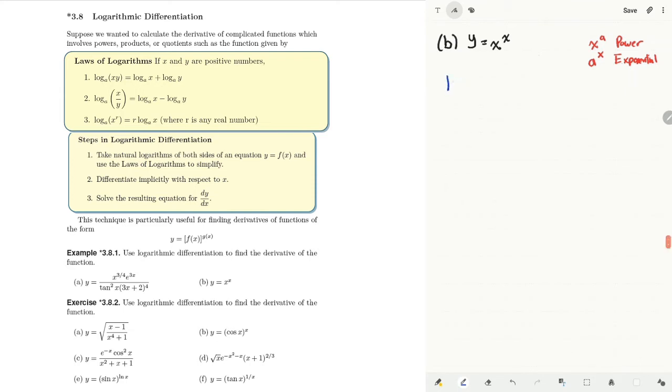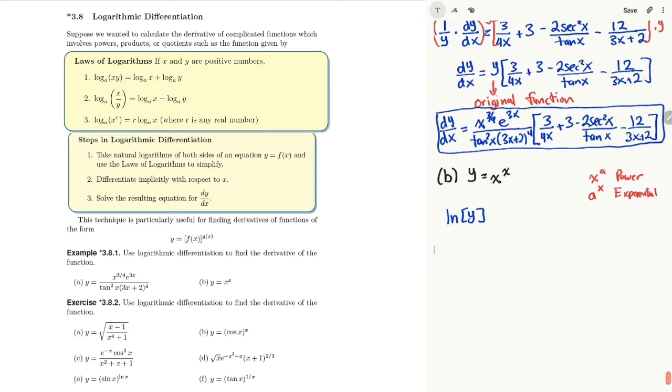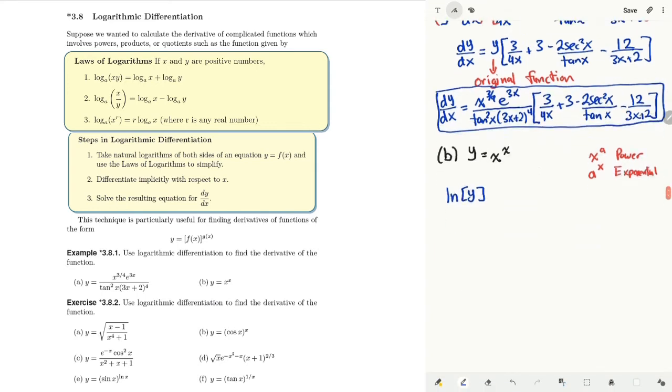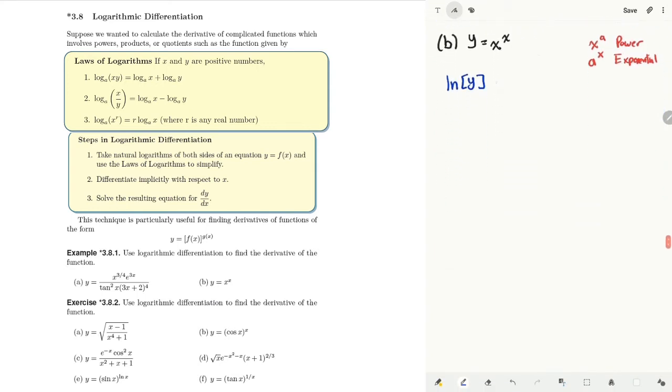So the first step is to take the natural log of both sides. So we have the natural log of y is equal to the natural log of x to the power of x. And now we will use the third law of logarithms to simplify the right-hand side.